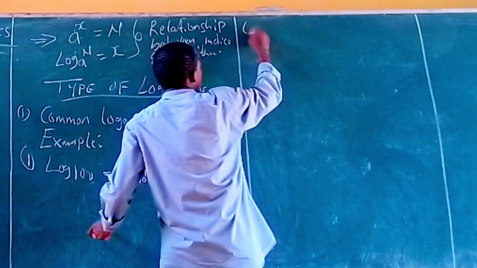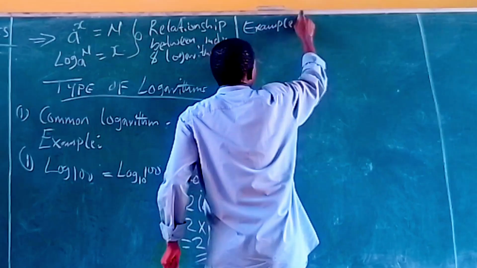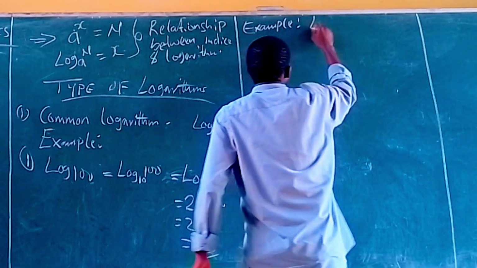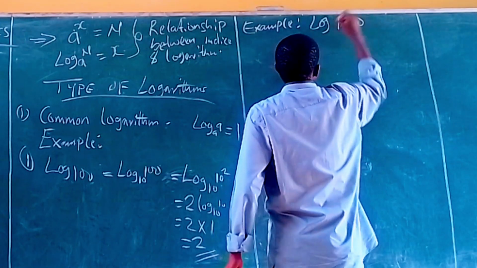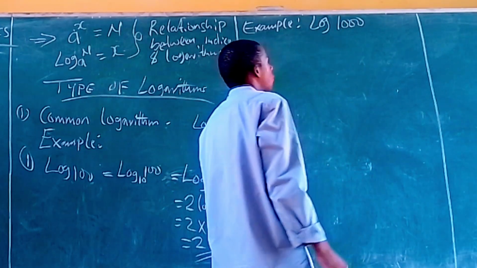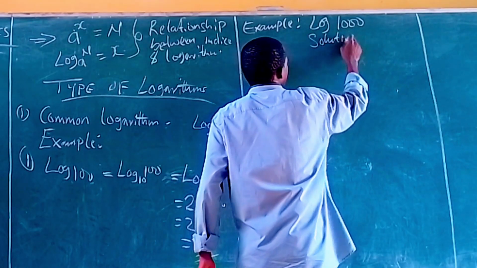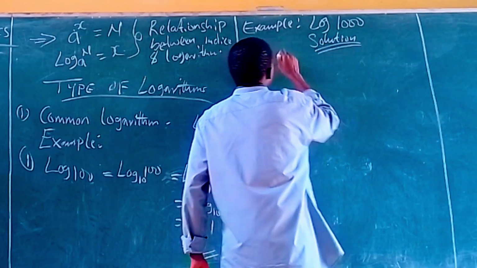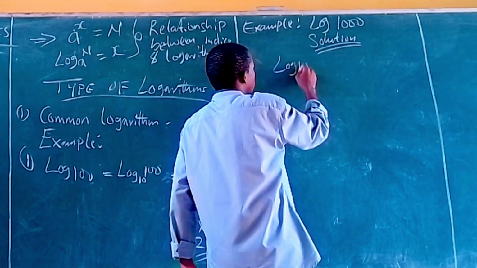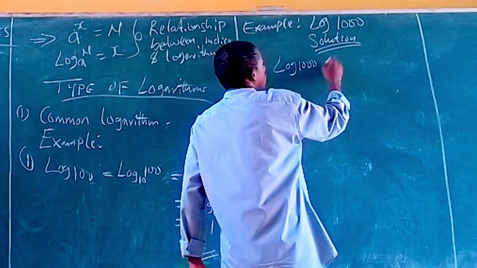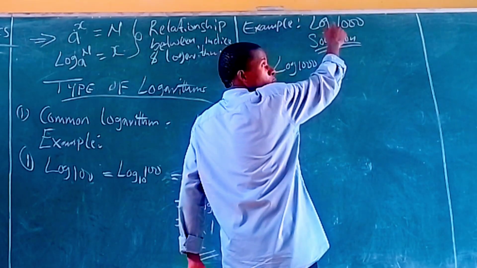Let's look at example 2. We have log of 1000. Now for log of 1000, what will this be? Let's look at the solution. Log of 1000 is already in common base, right?